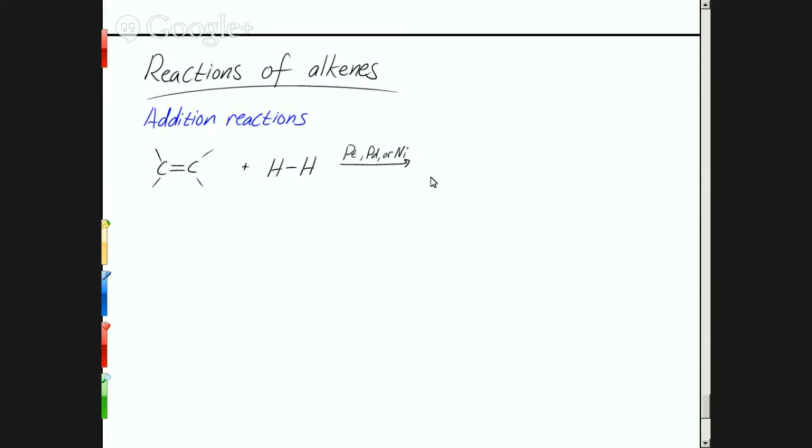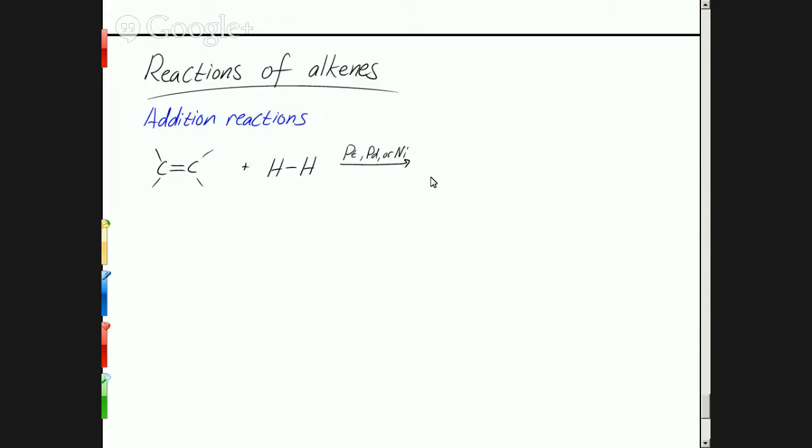And what you do is you take your molecule. Remember, hydrogen's a gas. So you have to put this thing in some sort of a chamber that you can pressurize with hydrogen gas and in the presence of this catalyst, this platinum, palladium, or nickel catalyst. Just literally some of the metal, usually in a really fine powdered form or something like that.